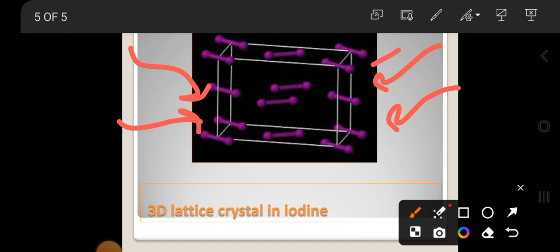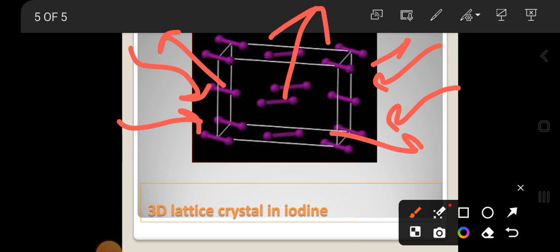This light gets reflected in all directions, so for the viewer, it looks like there is a lot of shiny appearance on the crystal of iodine.